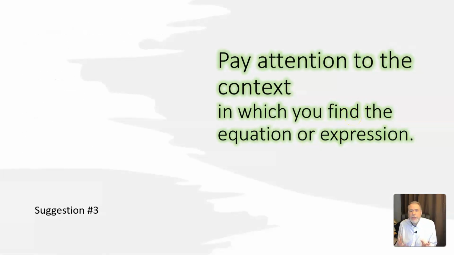And then my third suggestion is pay attention to the context in which you find the equation or expression that you're trying to understand. Equations don't usually just come at you out of nowhere. You're not just walking down the street and all of a sudden this equation pops up in front of you.